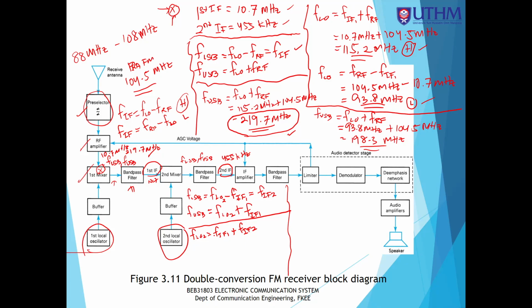Why is it like this? If you compare with the above equation, FIF1 plus FRF, now we want to produce FIF2. That means the input here is FIF1 plus FIF2.